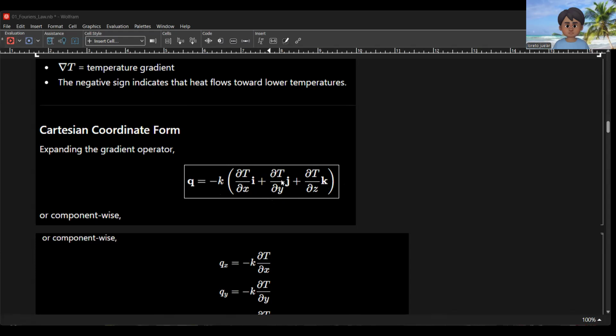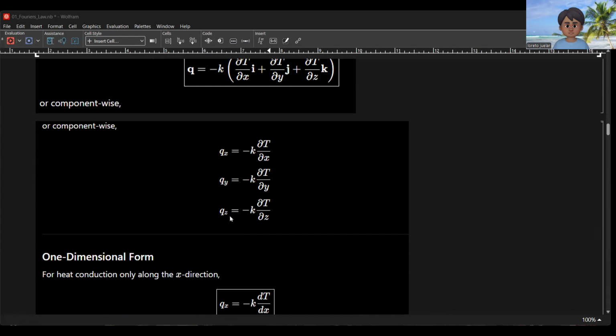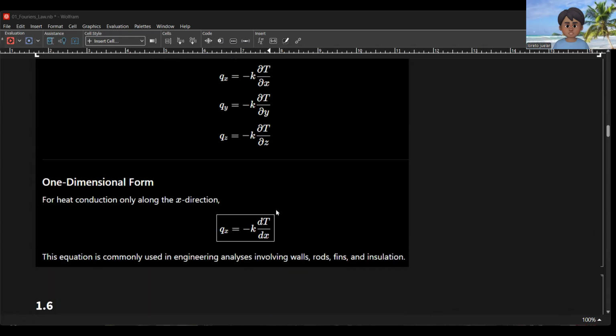Then we have the partial of T with respect to y, and the partial of T with respect to z. Or component-wise, we have q sub x equals negative k partial of T with respect to x, q sub y equals negative k partial of T with respect to y, and q sub z equals negative k partial of T with respect to z.